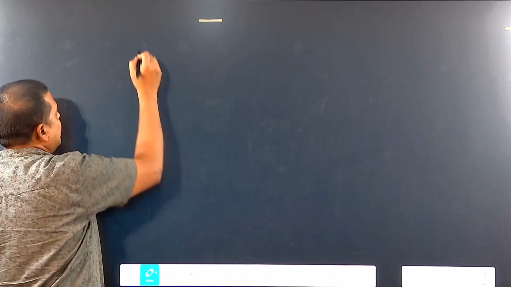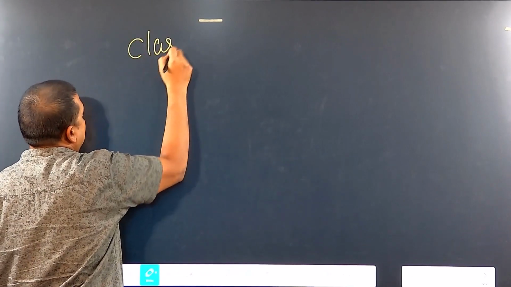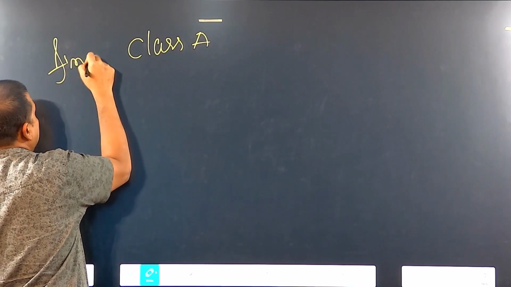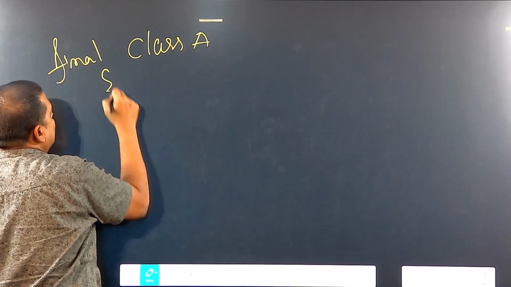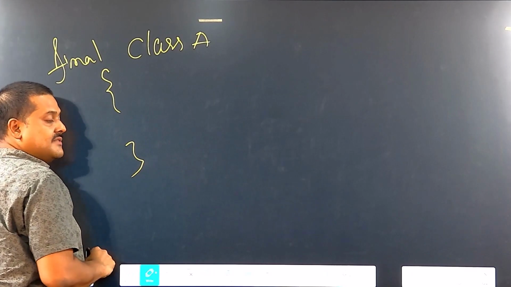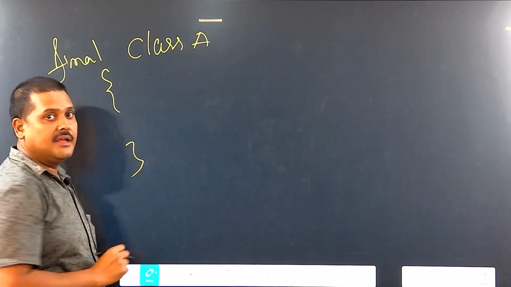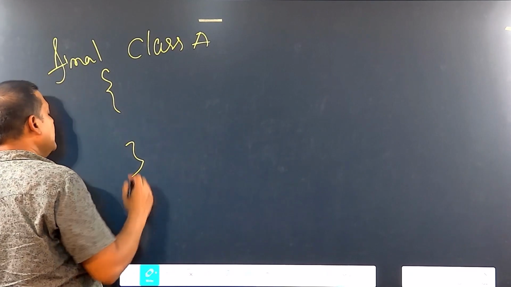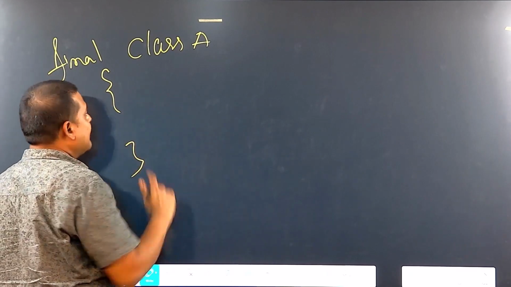Then another thing: if a class is declared as final, then we can't inherit this class or make a subclass of it.